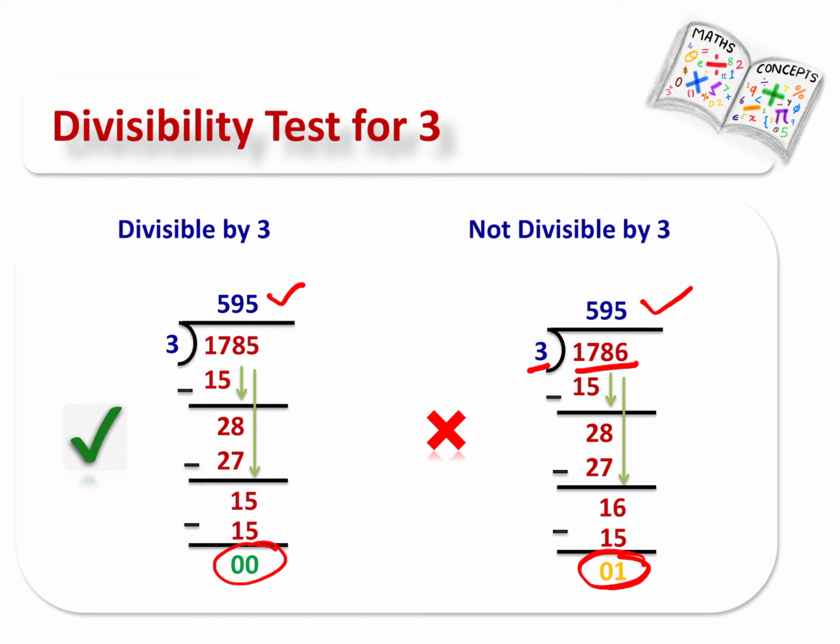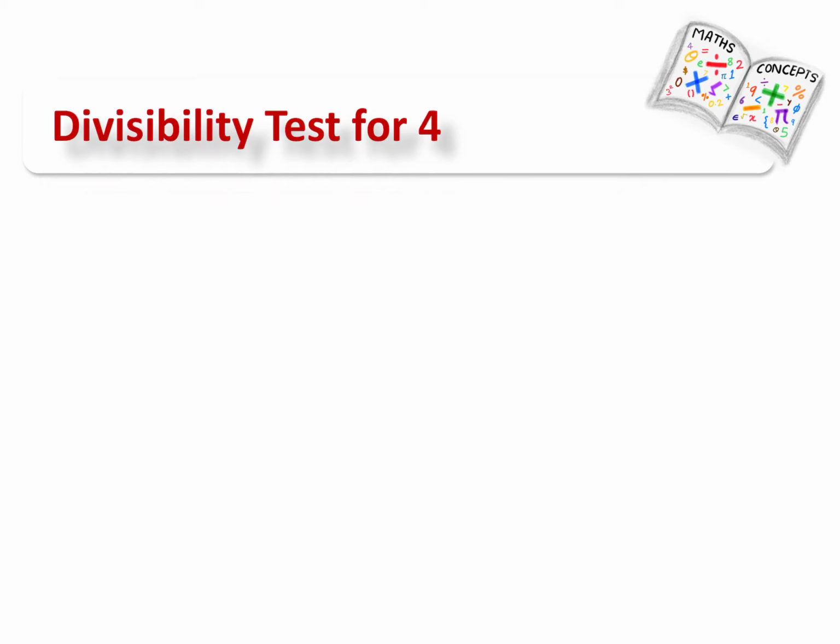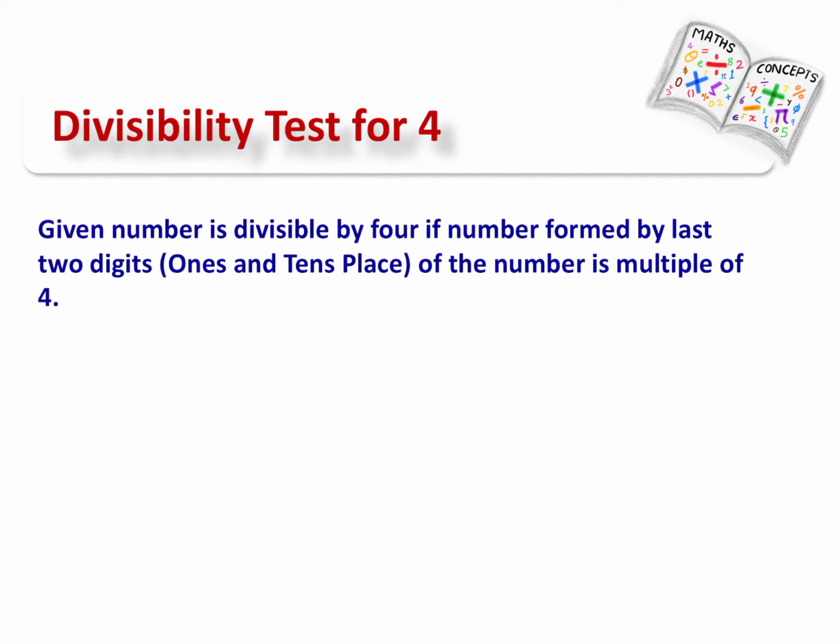Okay, now our next divisibility test is for 4. Given number is divisible by 4 if number formed by last two digits, that is ones place and tens place, is multiple of 4. If the number formed by last two digits is multiple of 4, then the given number is divisible by 4.